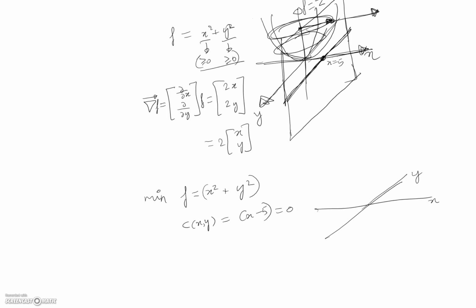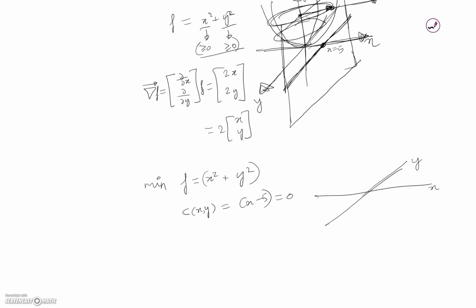And it's actually not that hard to work out the equation of this curve. We have z equal to x squared plus y squared, and x equal to 5. This implies z equal to 25 plus y squared.